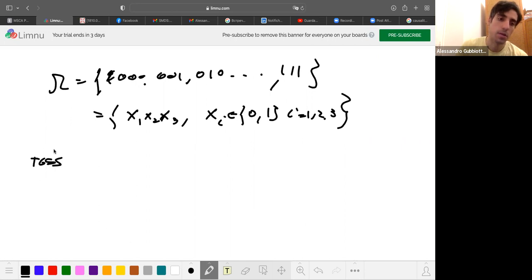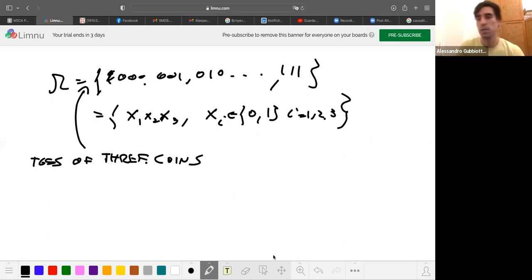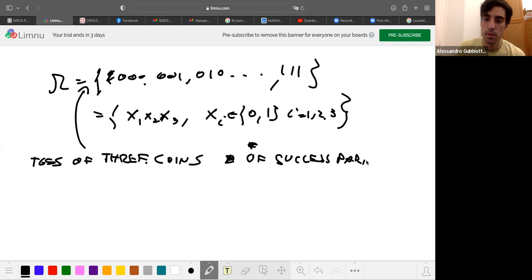The toss of 3 coins tells us that we have this sample space. Then we toss 3 coins, which are of identical success parameter p.